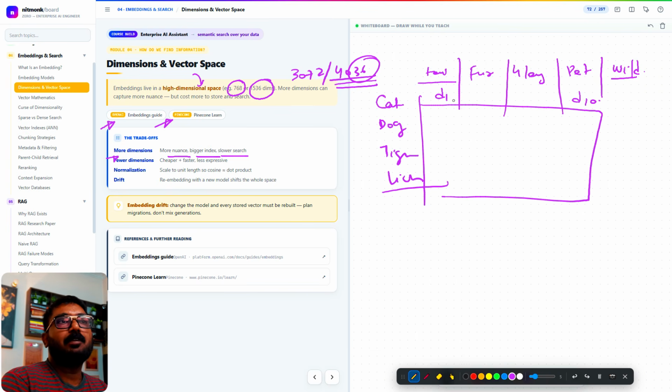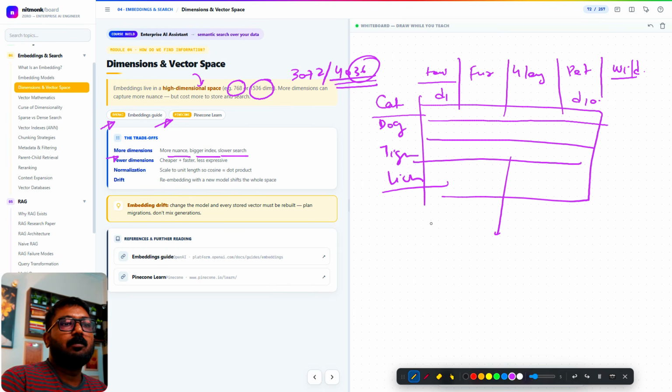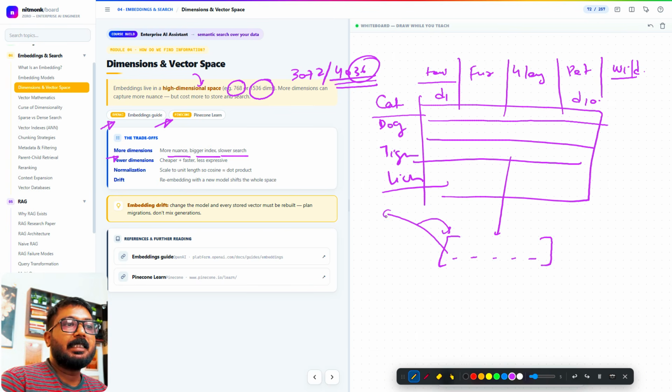This way we define the properties of these animals, and these numbers represent those properties. Once we create these numbers as matrices, embeddings, these embeddings will be learned by the models, and they try to differentiate or find similarity between cat and dog, tiger and lion on the basis of those numbers that we have already learned.